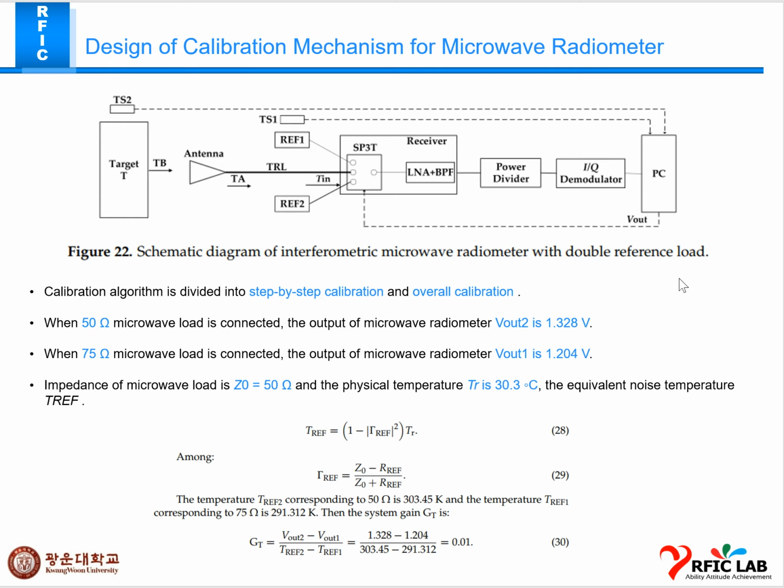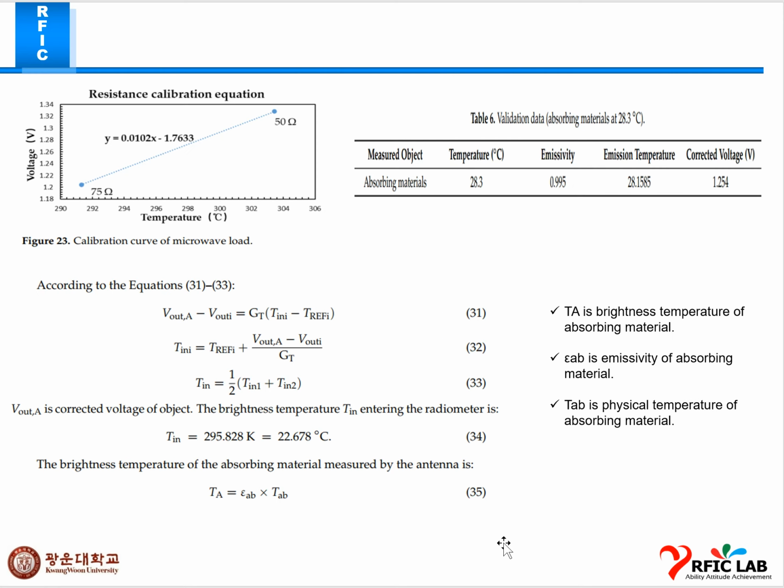In this, we are using this formula, V out and V1 upon T reference. In this, we have the value of all the corresponding entities, and after calculating we get the final result of 0.01. So this becomes equation 30.